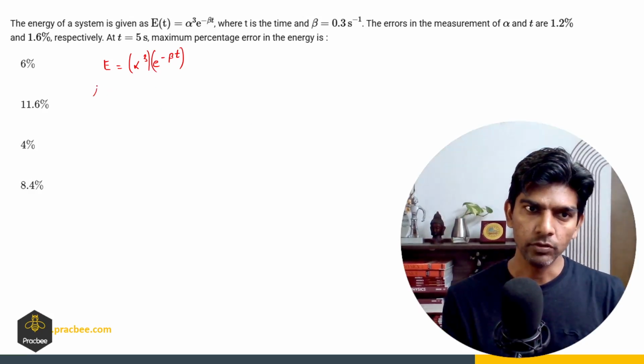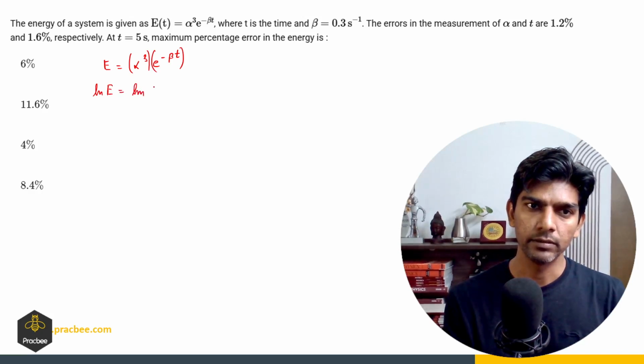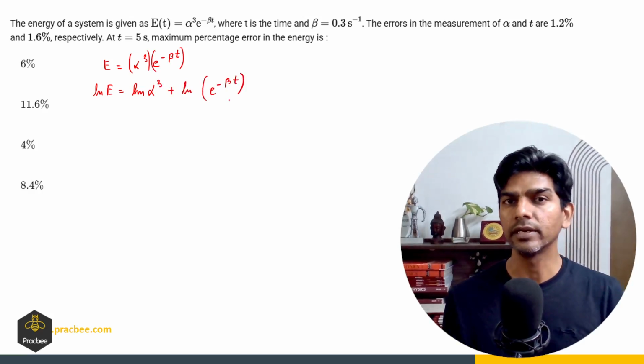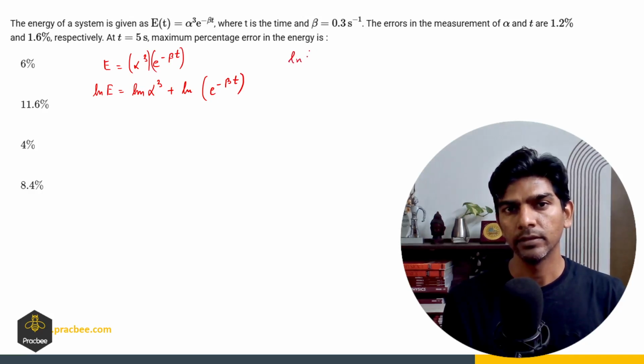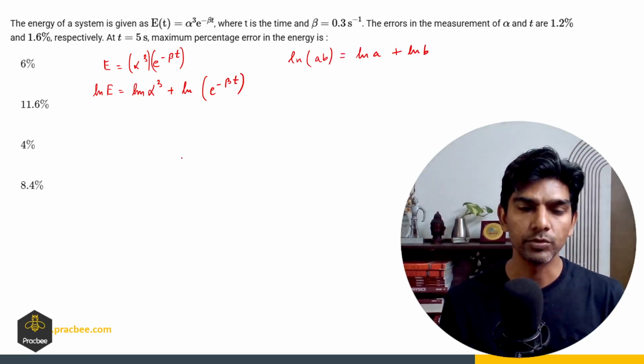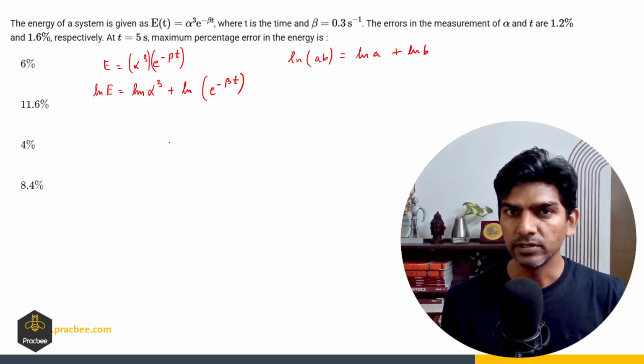How can we do that? If I take log on both sides, this will be natural log E equals ln alpha cube plus ln e raised to power minus beta t. Here I have used the property of logarithms where ln ab equals ln a plus ln b. Now let us further simplify this.